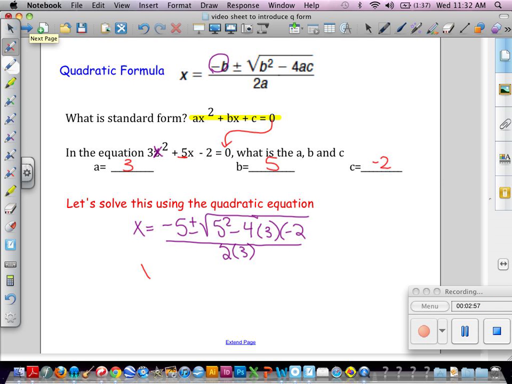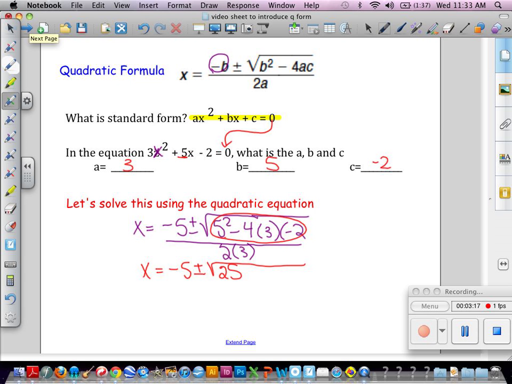So now I need to simplify this. I need to do my order of operations. I need to take care of what's underneath the root first. I'm going to do -5 plus or minus. Underneath the root, 5 squared is 25.